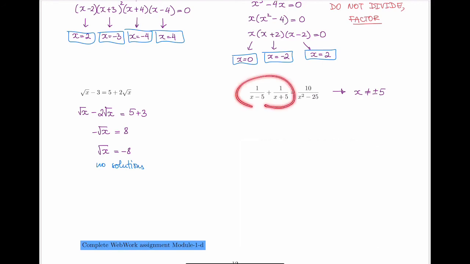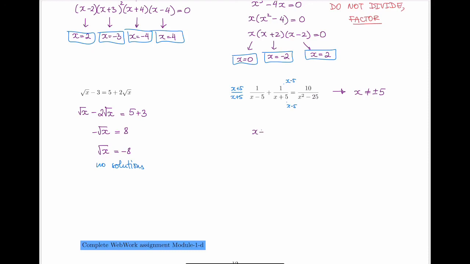Okay, so proceeding to take common denominators of these, I notice, of course, that x squared minus 25 is x plus 5 times x minus 5, and the common denominator will involve me multiplying exactly by those things. So the first fraction I have to divide and multiply by x plus 5, and the second fraction I have to divide and multiply by x minus 5. So putting everything together, what am I going to have?